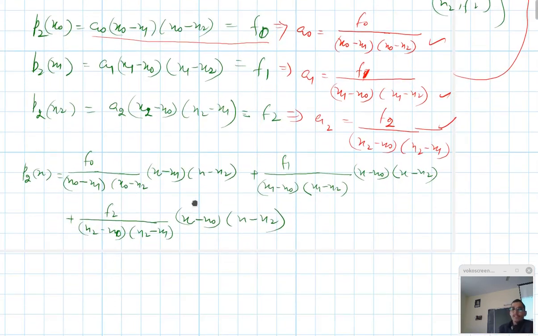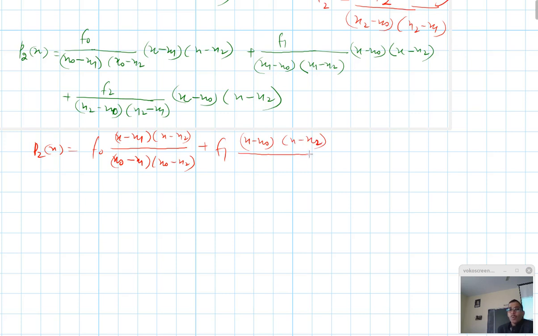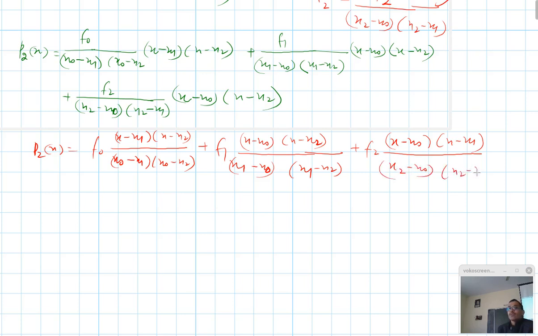So therefore this P2(x) is simply f of naught, x minus x1, x minus x2 over x naught minus x1, x naught minus x2, plus f of 1, x minus x naught, x minus x2 over x1 minus x naught, x1 minus x2, plus f of 2, x minus x naught, x minus x1 whole upon x2 minus x naught and x2 minus x1.